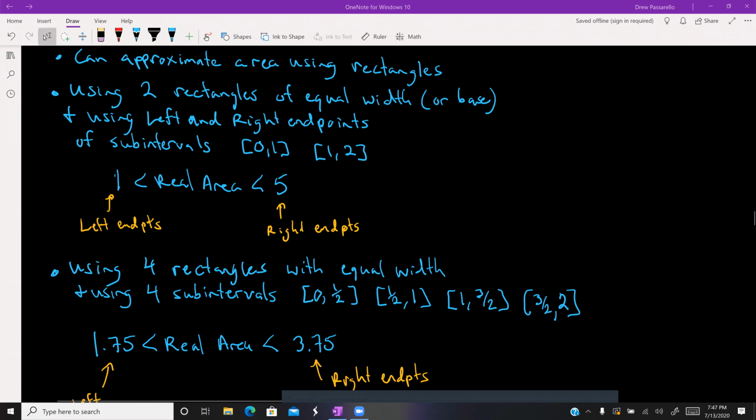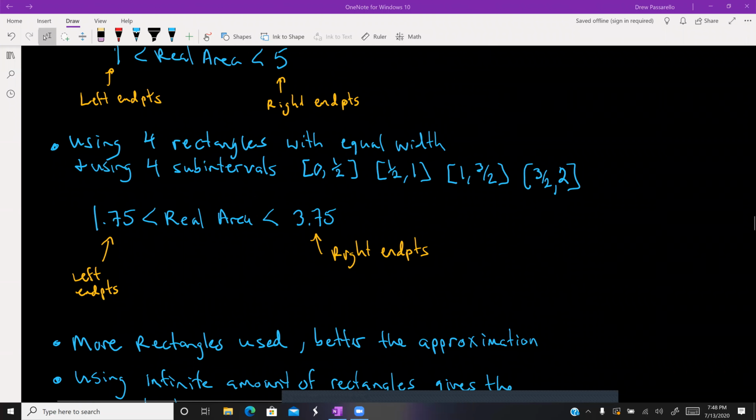Using the left endpoints, we got the area of adding the two rectangles to be 1, and then using the right endpoints, 1 and 2, plugging that into x squared to get the heights of the rectangles, we got the area of adding the two rectangles to be 5. So we found bounds for the area under the curve to be between 1 and 5.